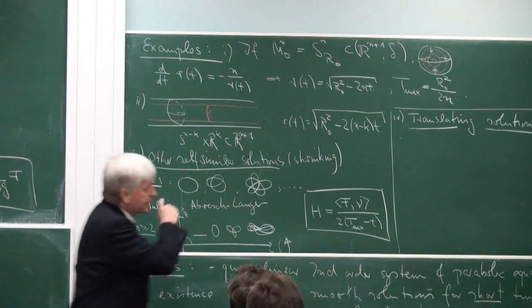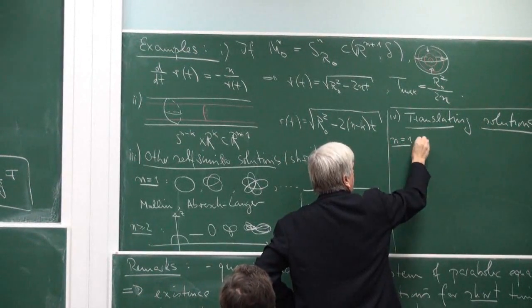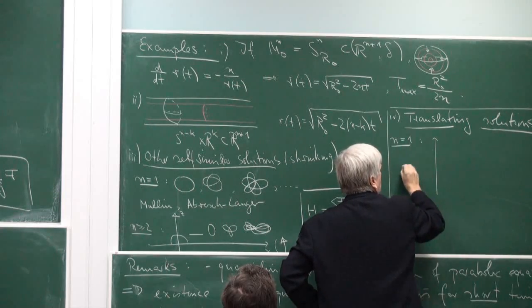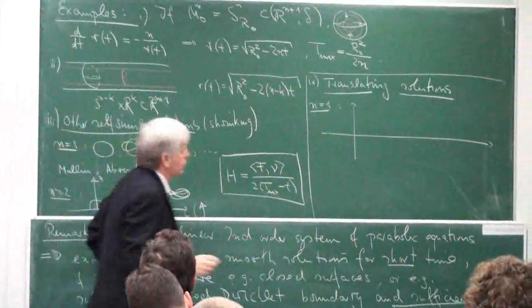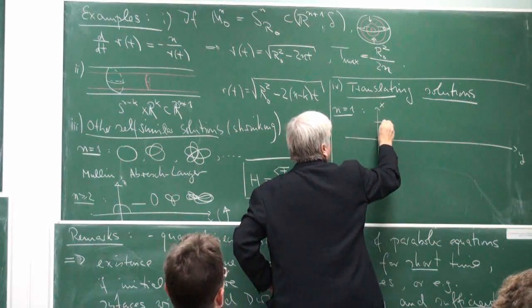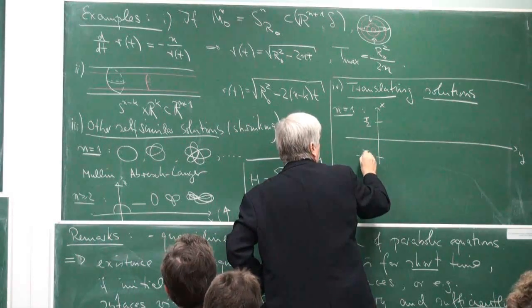Right. So, translating solutions. There are solutions which look like this. For n equals 1, this is an interesting solution. This is now a non-compact solution. So take y here and x there, and let's take pi over 2 here and minus pi over 2 there.